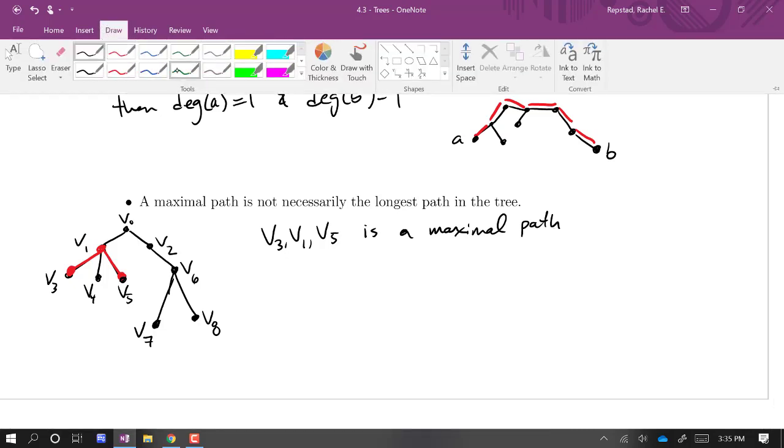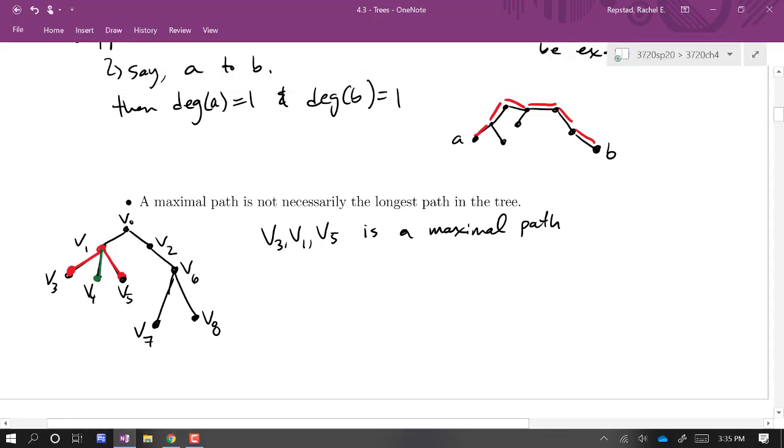Certainly I could draw a longer path from V4 to V1 to V0 to V2 to V6. That is a longer path. It's not maximal, but here's another longer path that's still maximal if I end at V7. So V4, V1, V0, V2, V6, V7 is longer. And I think that might be a path of maximum length in that graph.